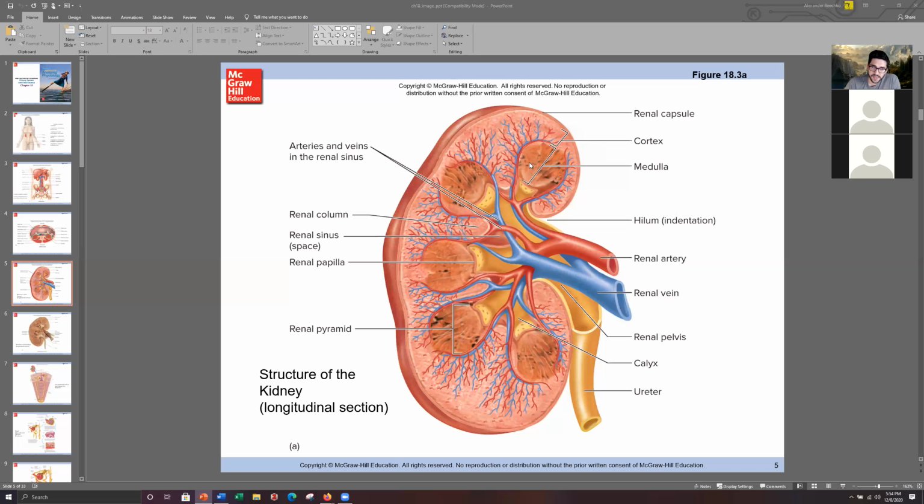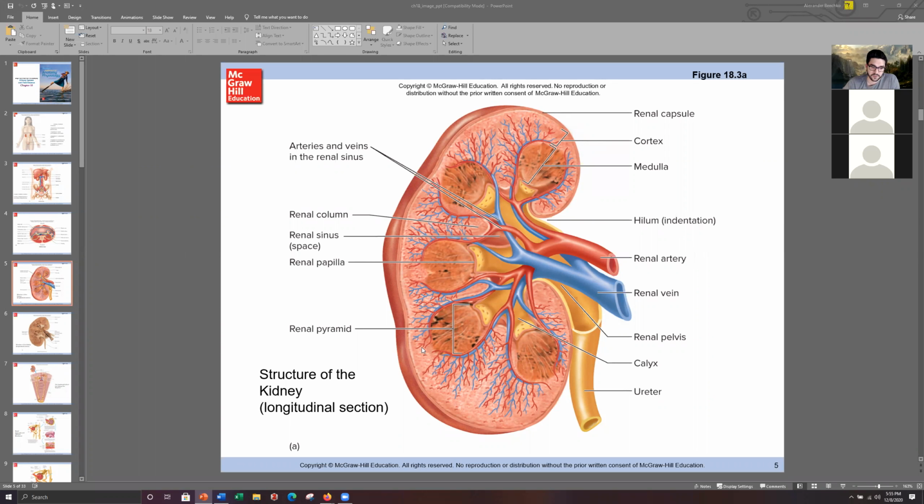So what do we have inside the cortex? Well, we've got lots of vasculature that permeates the cortex here, but we also have about half of the functional unit of the kidney, which is what we call the nephron. And the nephron does all of the filtration of our bodies.